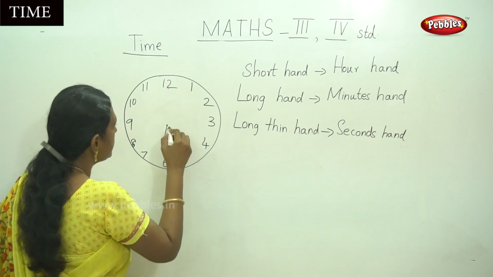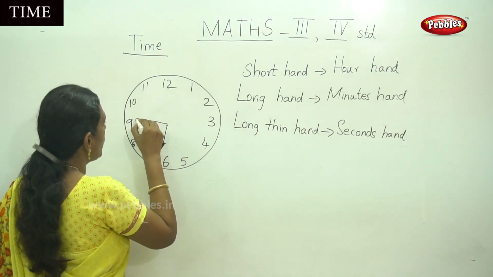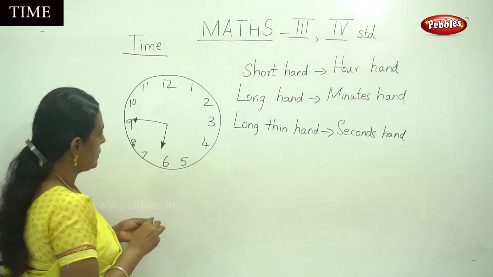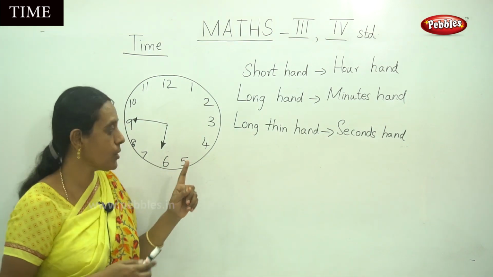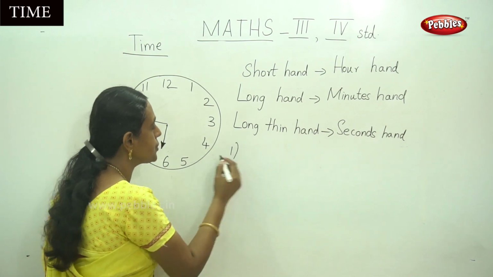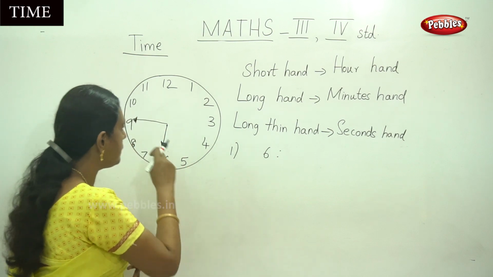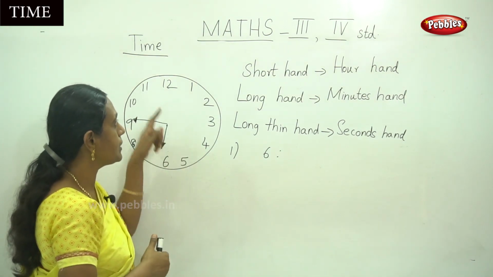And the longhand is towards 9. Now how to calculate the time? First you have to write down the hour hand. The hour hand shows the number 6.